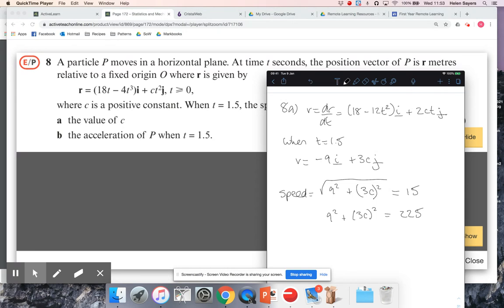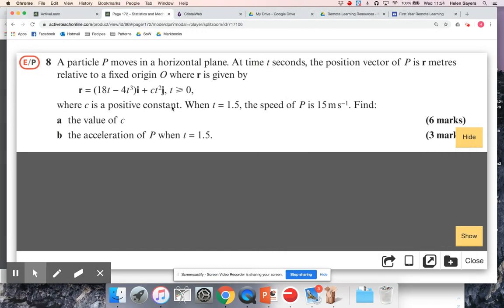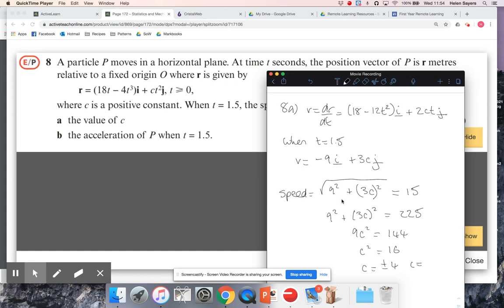So in fact, I'm going to square those brackets, and I'm going to minus the 81 from the 225. I am going to divide by 9, and then this tells me why they told me that c was a positive constant, and they're saying value of c rather than values. So c is 4, they told me it was positive.